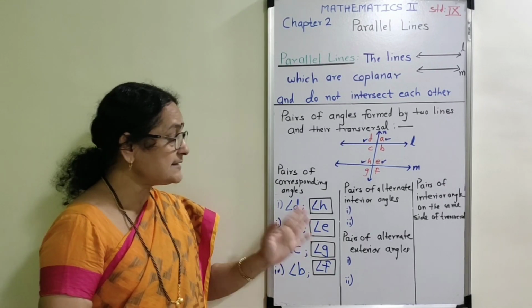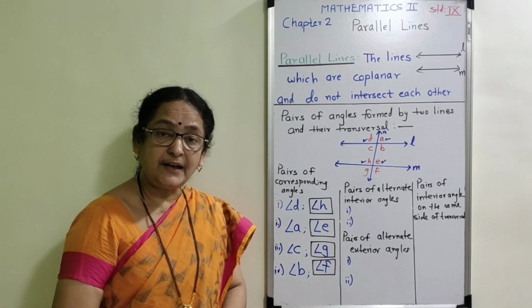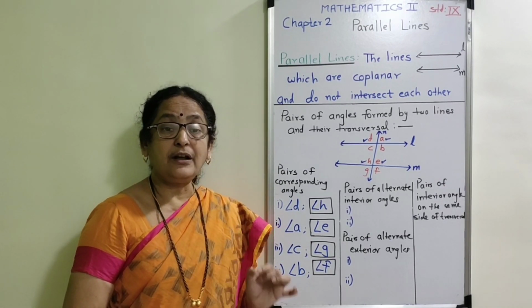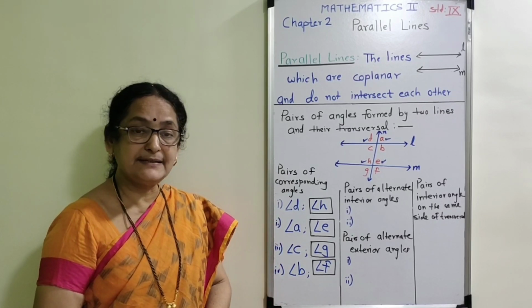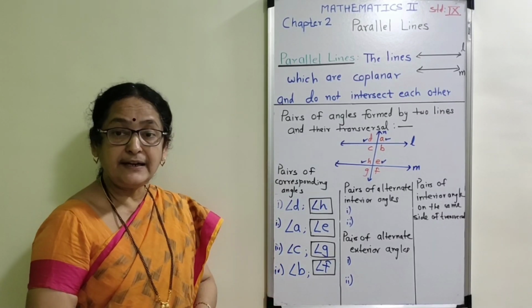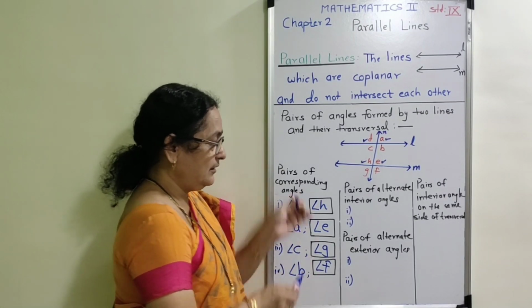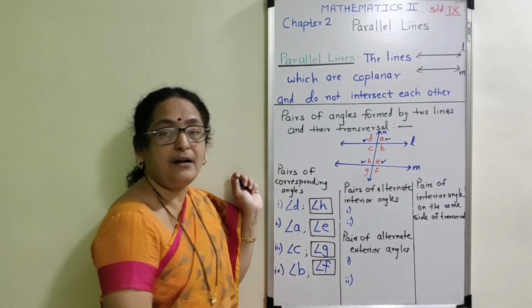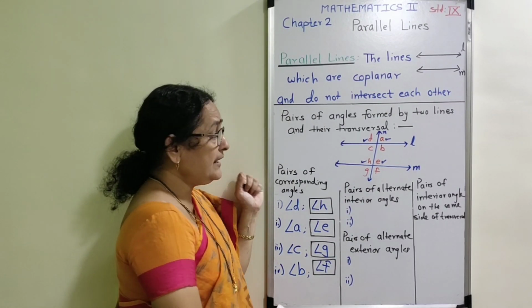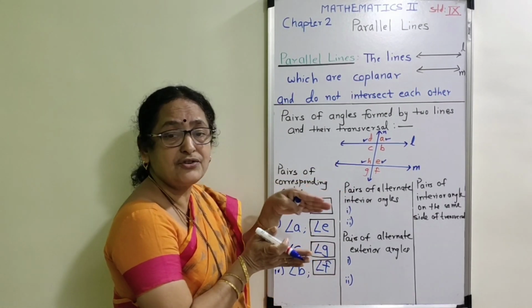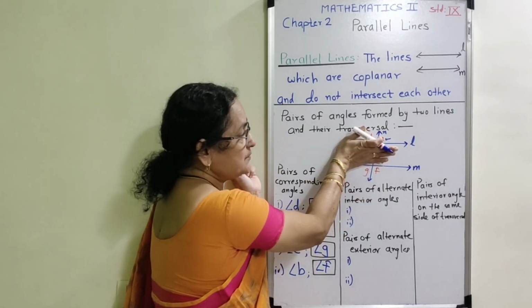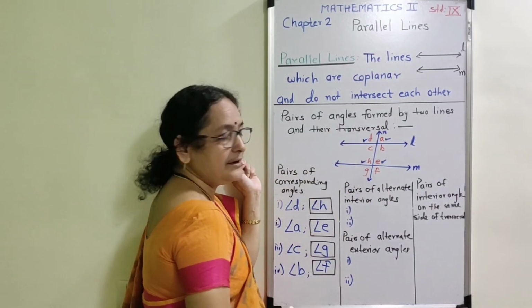Now we will take the second type. The second type is the alternate angles made by these lines. Now these alternate angles are of two different types. First of all, we will learn the interior alternate angles. Interior means in the interior region of the two given lines. This portion is said to be the interior region.